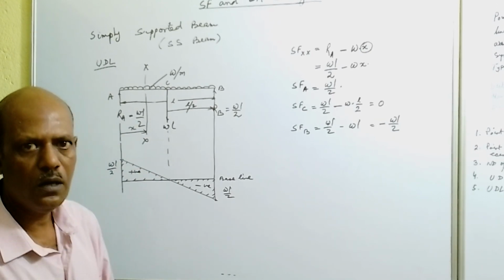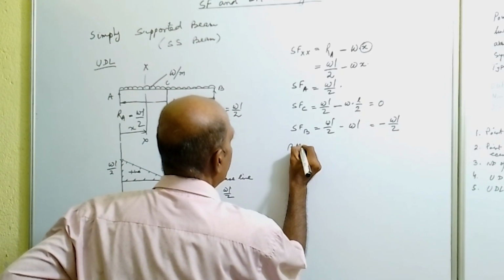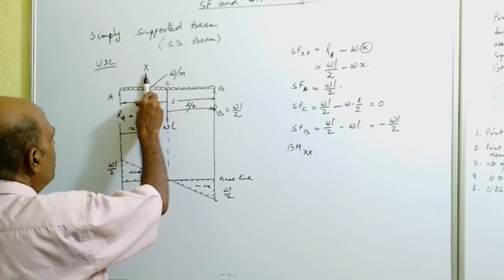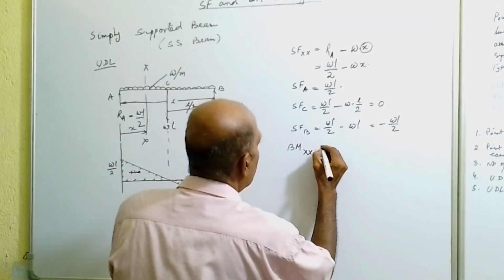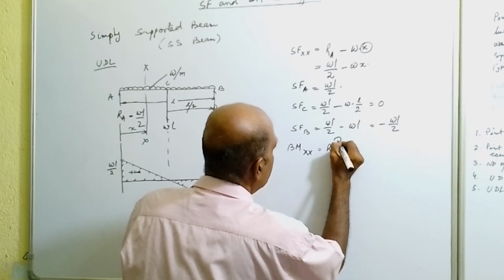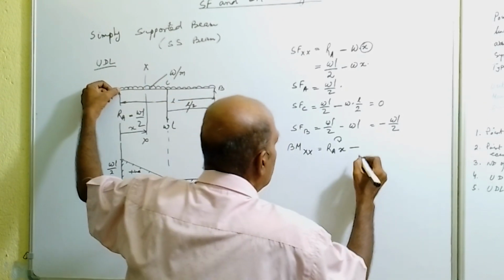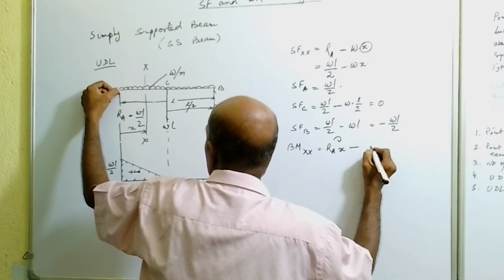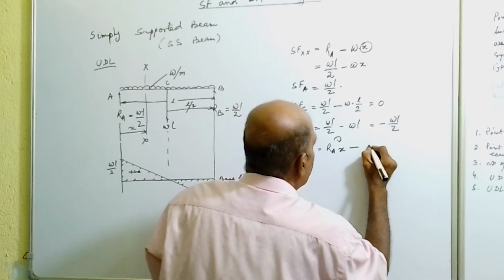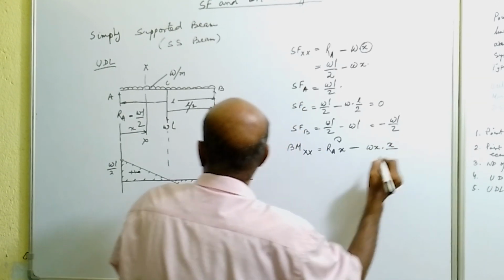Now we will go for the bending moment diagram. Now the bending moment of the beam at section XX. So what is the bending moment? Because of load RA, RA into X will give a clockwise moment, and minus this load will cause a moment about section XX, that is load for this section equal to W into X into the center of gravity to section distance.